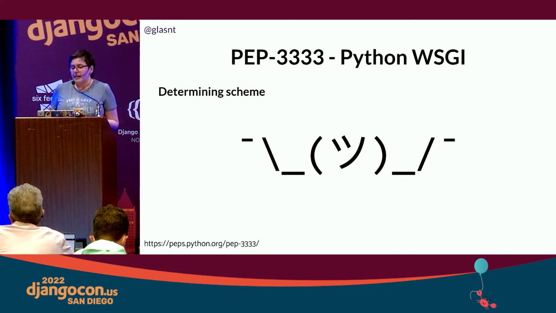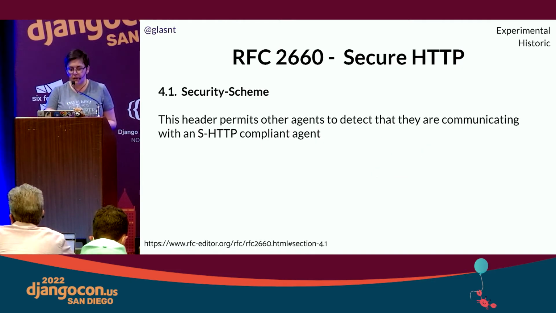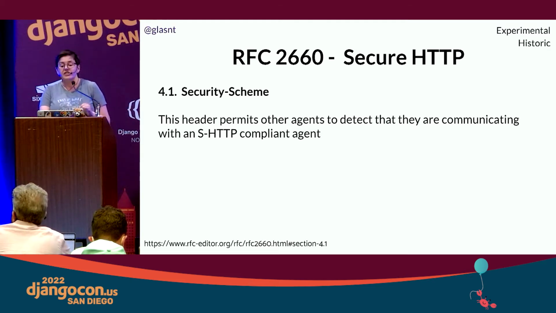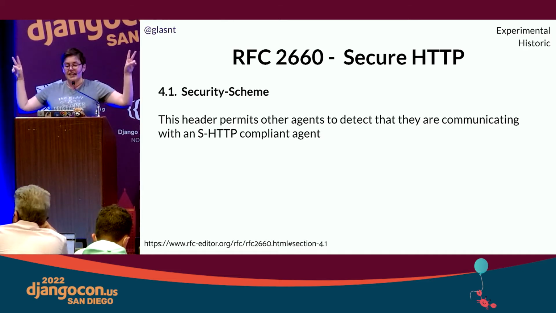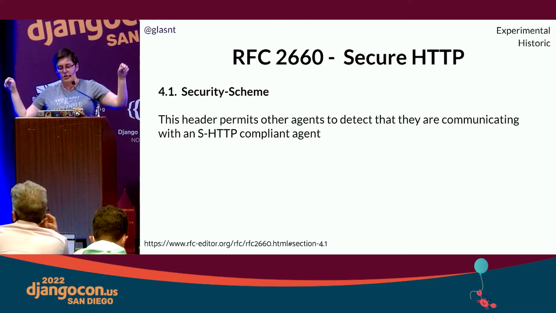We have nothing so far to help us determine the scheme. Interestingly enough, there was an experimental RFC from 1999 that denoted a security scheme header that could have been the way to identify if things were HTTPS. Well, SHTTP, which was the style at the time. This RFC was marked as historical, as there is no evidence of widespread use.